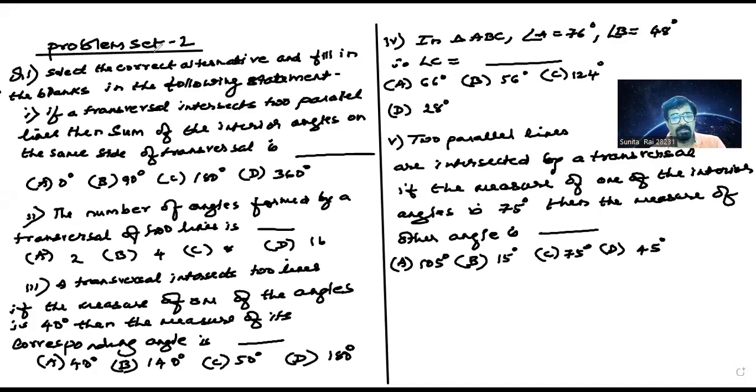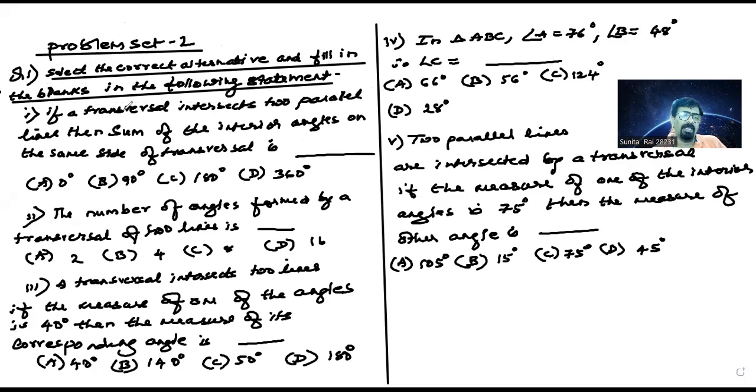In problem set 2, question number 1, it says: select the correct alternative and fill in the blanks in the following statement. That means you have to rewrite the whole sentence, not just the answer, in your exam paper and notebook.